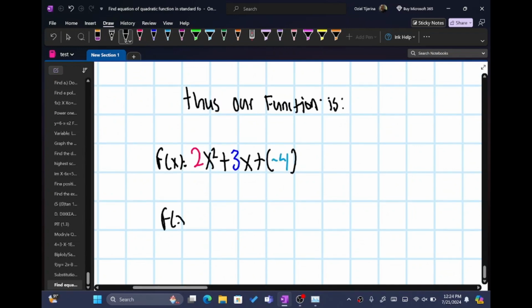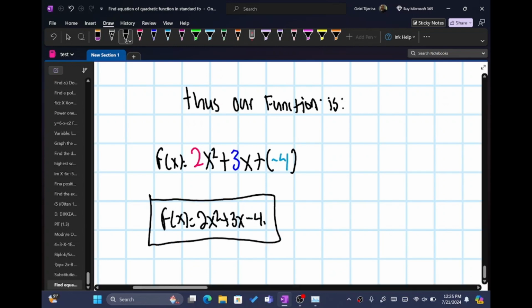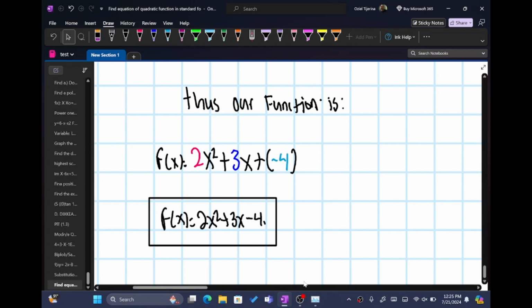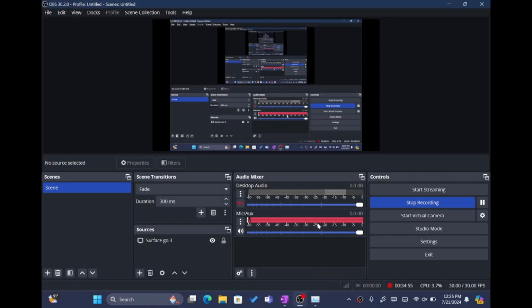F of x is equal to 2x squared plus 3x minus 4. And that, guys, is our final answer for this problem. So that is how we find the specific quadratic function given 3 points.